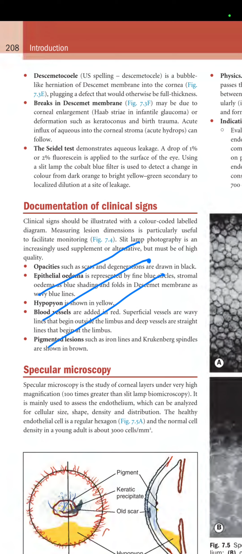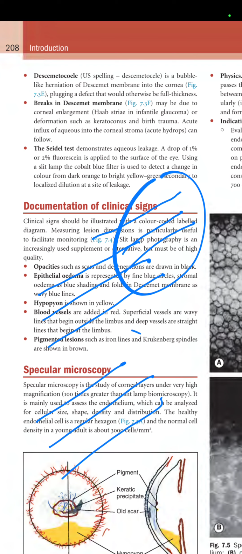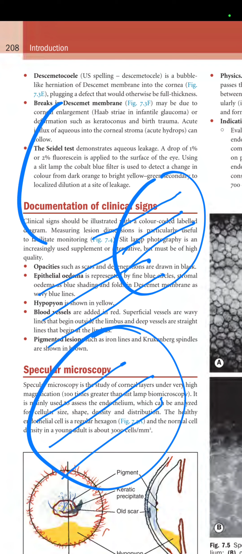In infantile glaucoma, when the cornea is stretching due to the increased IOP, it causes a horizontal break, whereas in birth trauma, the breaks are usually vertical.